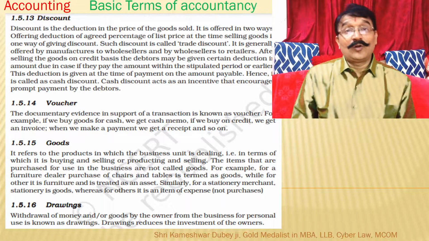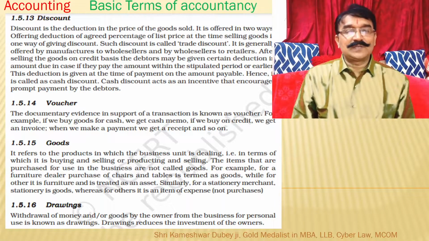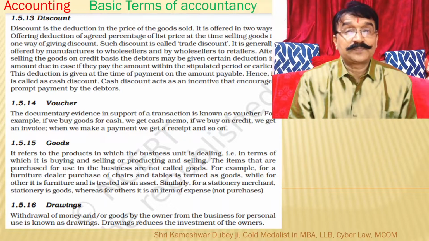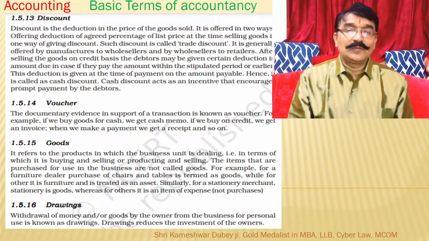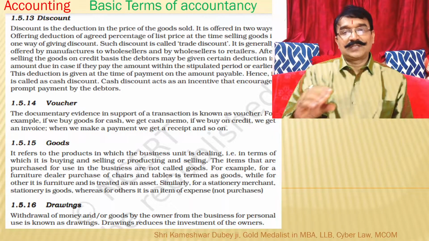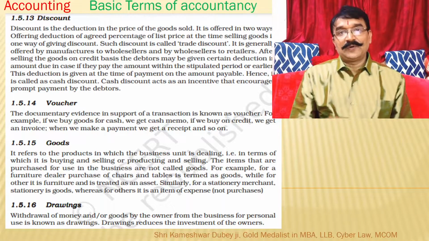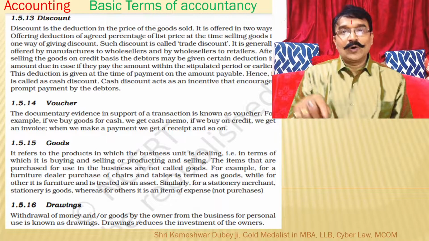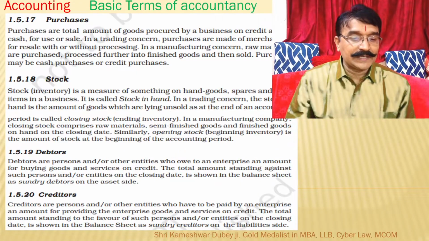Drawings. Withdrawal of money or goods by the owner from the business entity for personal use is known as drawings. Whenever the owner takes some money or some material from the business entity for his personal use, that is recorded in the drawings head.